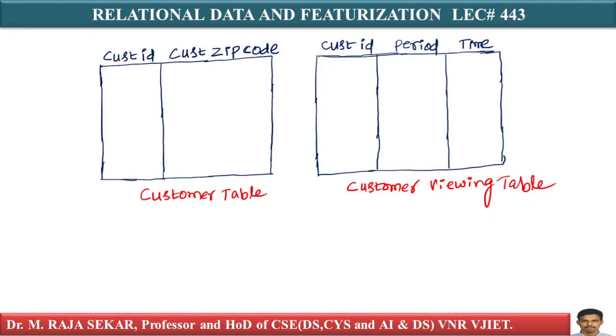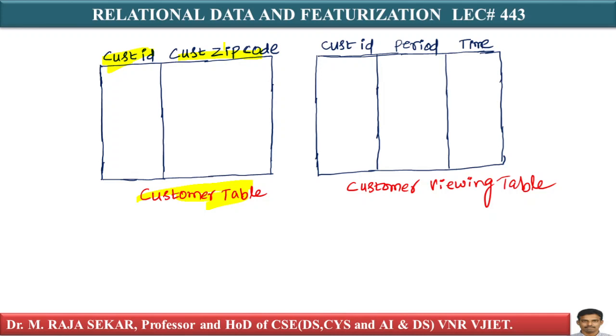Imagine I have tables like this. My first table, let's call it the customer table. In the customer table, I have customer ID and customer zip code.